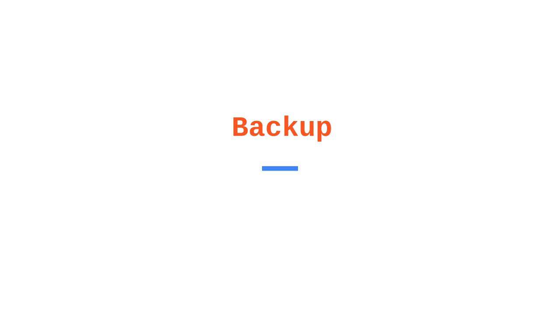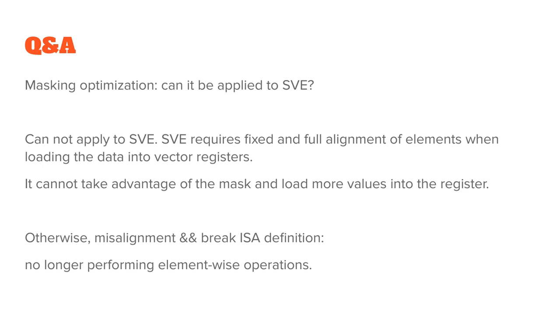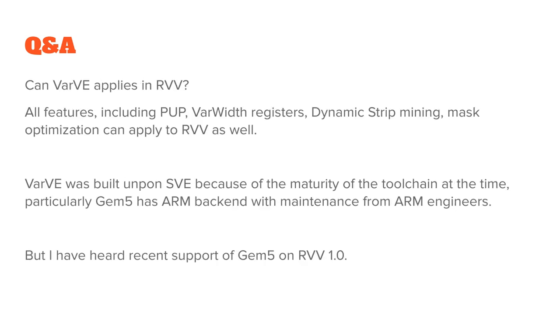As I am not physically presenting, I branch predicted a few questions that might be asked. Please take a look at the slides if you are interested. First one is on masking optimization. Why is it unique to VarVE and why it doesn't apply to conventional vector SIMD like ARM SVE?